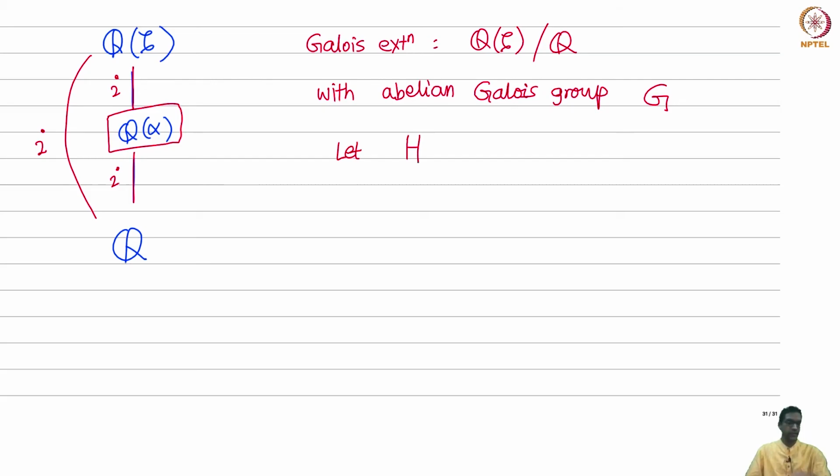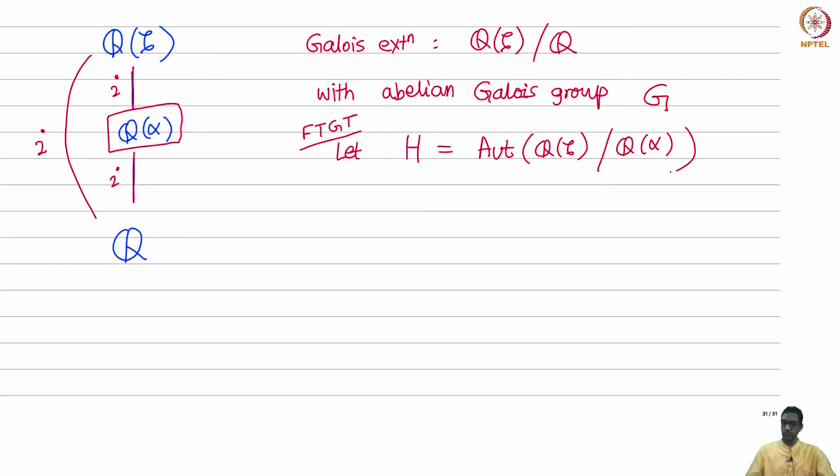So let's call that H. Let H denote the subgroup corresponding to, so I'm using the fundamental theorem of Galois theory here. So let H denote the subgroup of automorphisms of Q(zeta) over Q(alpha). Right, that was the association, the fundamental theorem. So we know that this is a one-to-one correspondence.